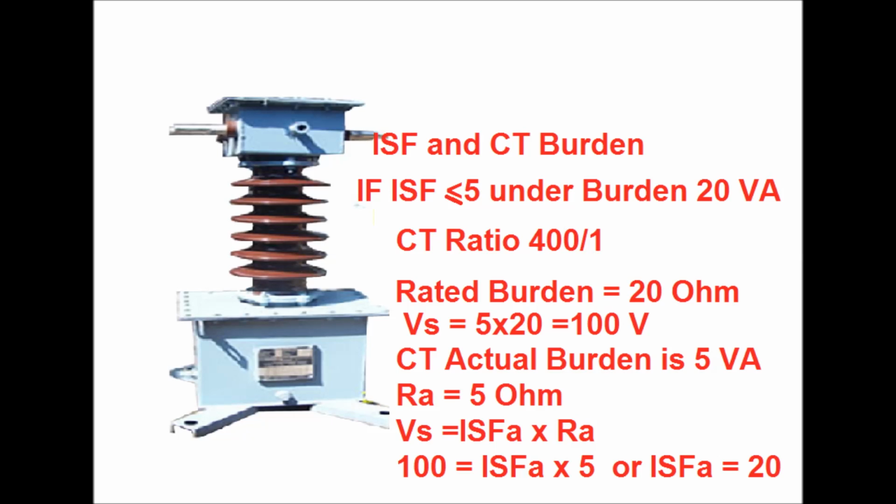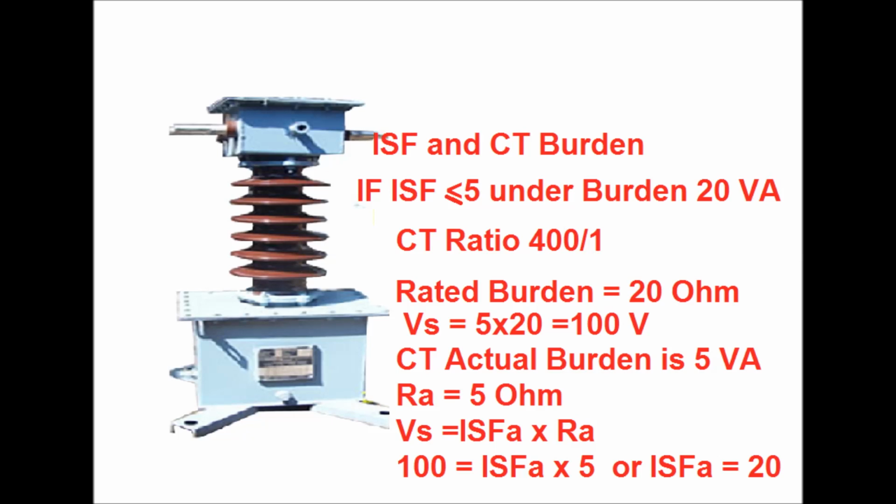So ISF_A will be equal to Vs divided by RA, which comes as 100 divided by 5, which is equal to 20. So you can find that although the ISF is less than or equal to 5, in the real case, since the actual burden is 5 VA, under 5 VA burden conditions, if 20 times the rated current flows in the CT primary, then the CT will saturate.